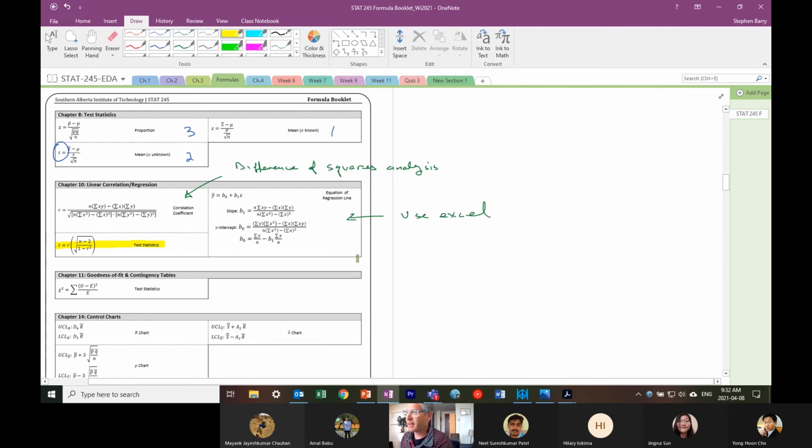You'll have to do that one by hand, but for all of this stuff, just use Excel. It's so much easier. Like use Excel for this, and this. This one here, I don't know if Excel has a function for it, but use your calculator for this one. But for the other ones, just use Excel. Obviously, it's so much easier.